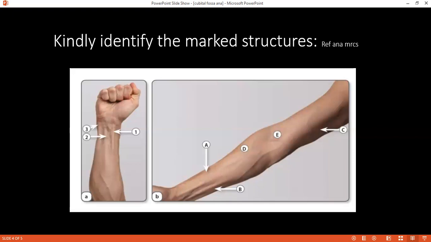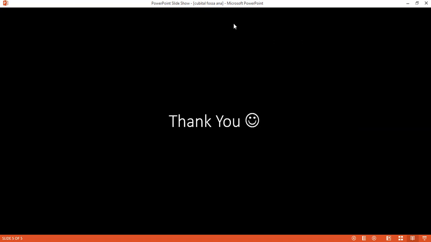The nerve is not visible, but that's how it is labeled. I wanted to understand whether you can identify the structures in the arm, forearm and hand. C is medial cutaneous nerve of the arm, E is median cubital vein, and D is actually the bulge of the brachioradialis muscle, which they asked in the book. Right, thank you. Now I guess it's clear.